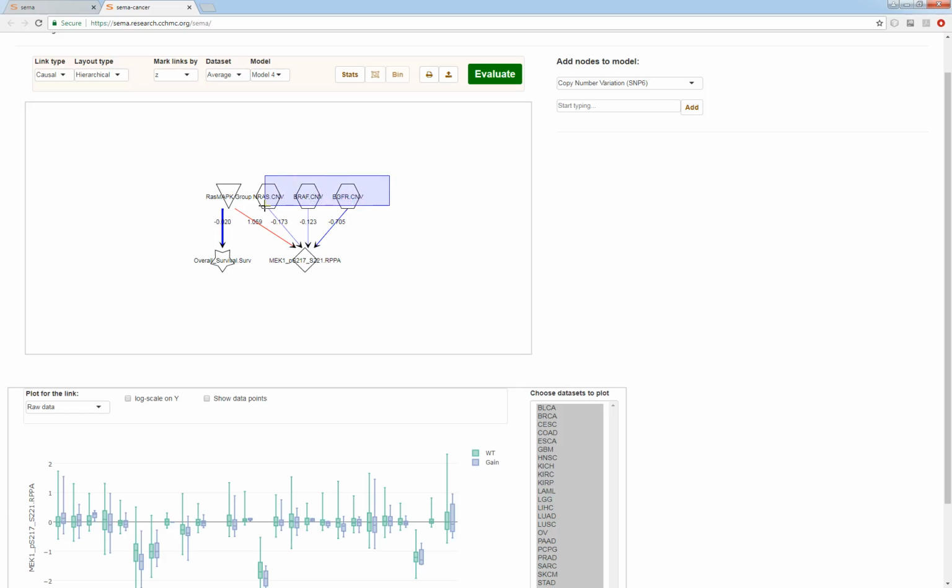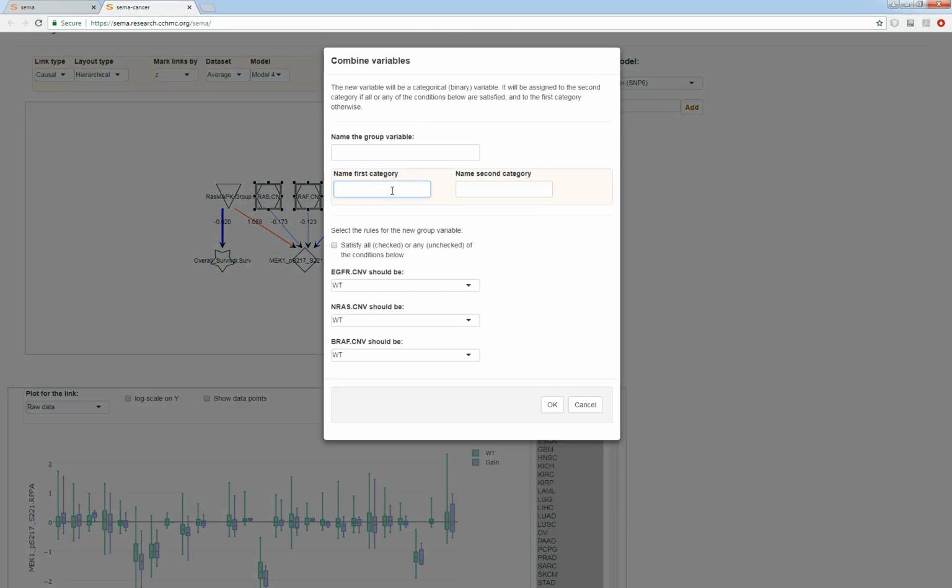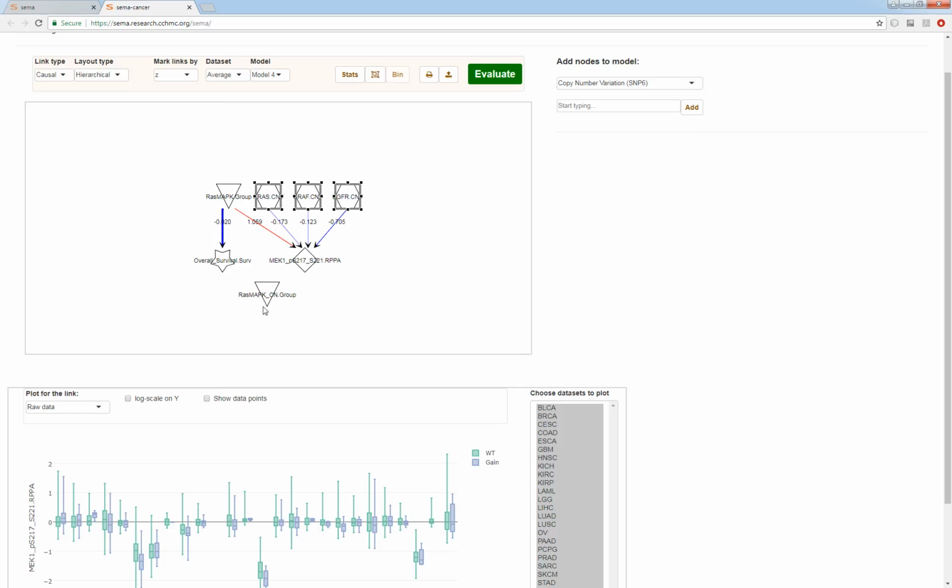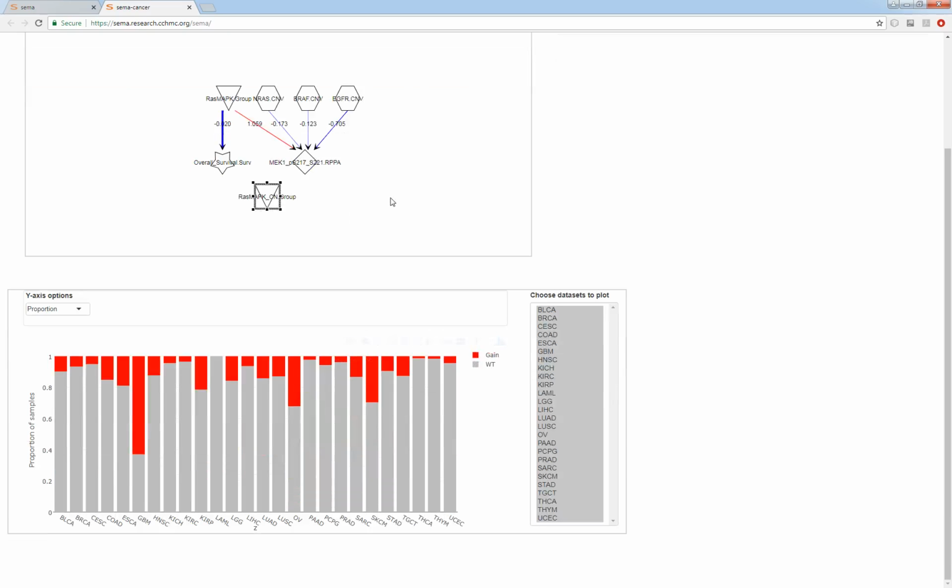How about if we combine these? Copy number. So looking for copy number gains. Basically, we're going to be looking at them cumulatively. So let's remove these.